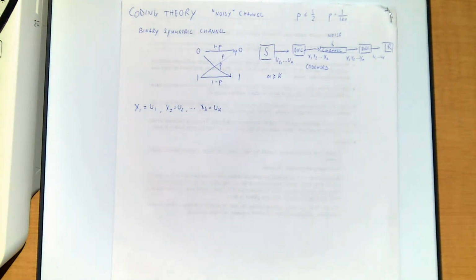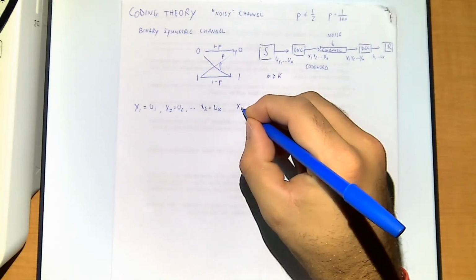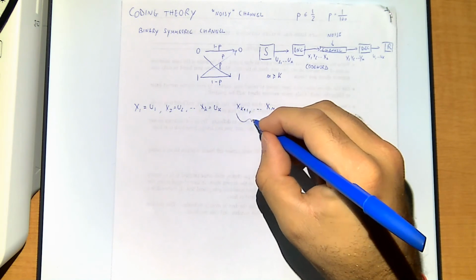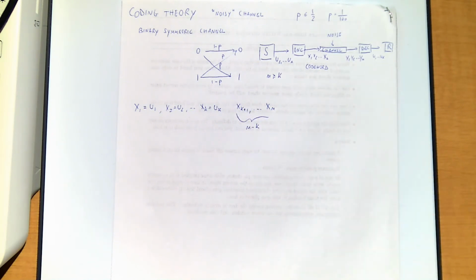And then this is my original message, right? And then I add a tail. Rather than doing this randomly, this is a more logical way of doing things. And so I have to then define xk plus 1 all the way up to xn. So I have, in fact, n minus k extra symbols, right? And these are known as check symbols.